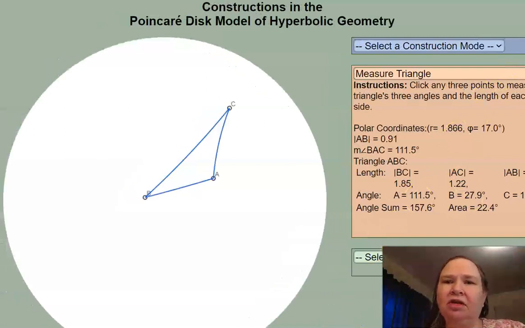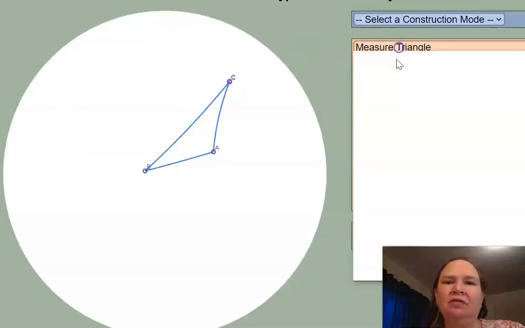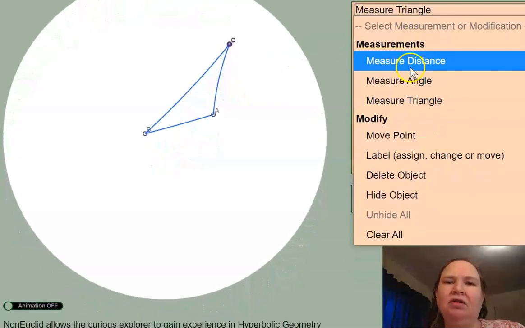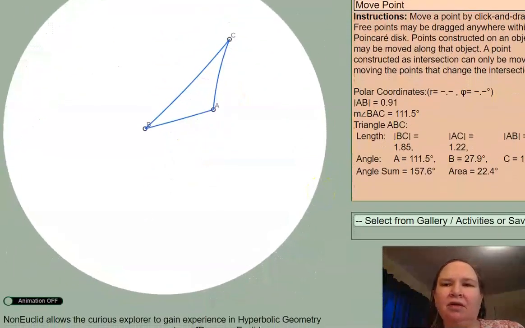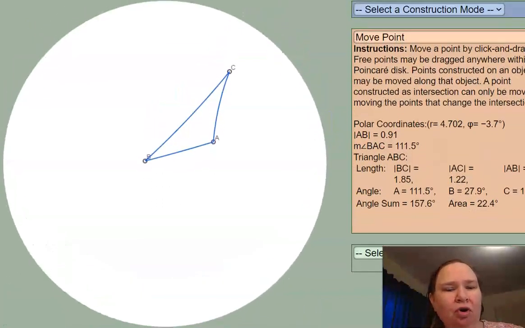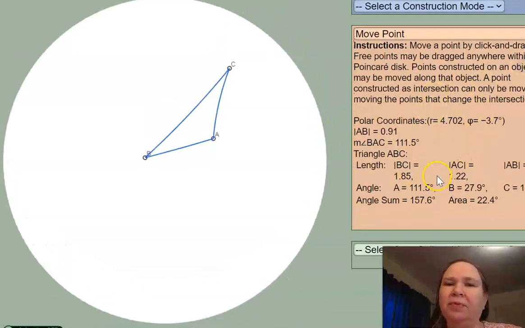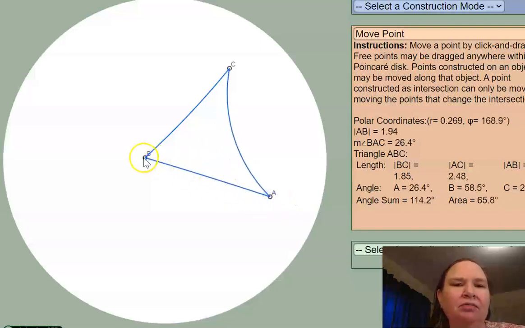All right, so let's play around with this triangle for a minute. I'm just going to observe some things about this triangle that I can observe without actually paying attention to any of the measurements. I'm going to ask you on your homework explorations to pay attention to some of these measurements. But I'm just going to drag around my triangle a little bit, and I'm going to try making a triangle that looks really small.